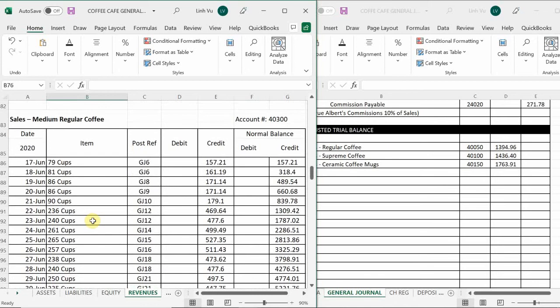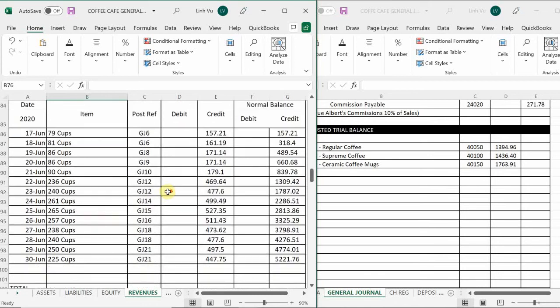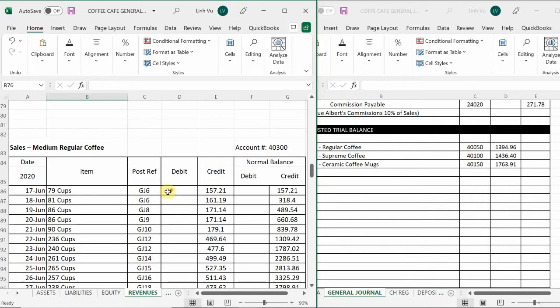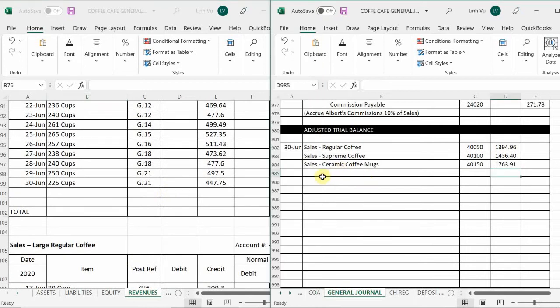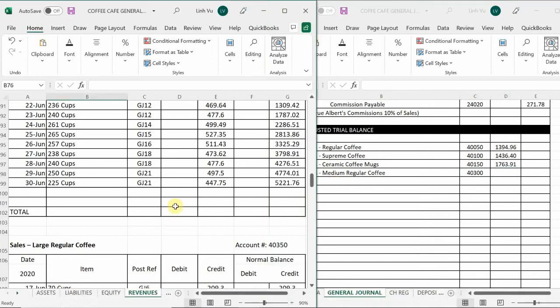Then our next one is sales for medium regular coffee. We're going to debit the account for $52,21.76.